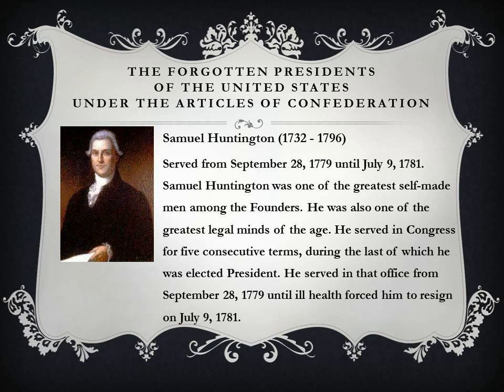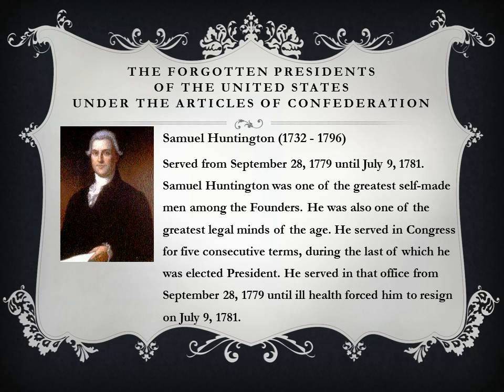The next one was Samuel Huntington, served from September 28, 1779 until July 9, 1781. Samuel Huntington was one of the greatest self-made men among the founders. One thing I don't mention in here is that he actually funded a good portion of the early Continental Army by selling off his own stock in his company. He's saying, hey, just anything to fund it. And he basically almost devastated himself.